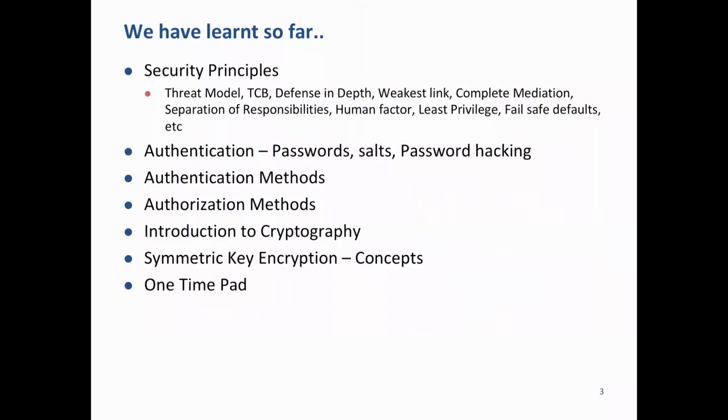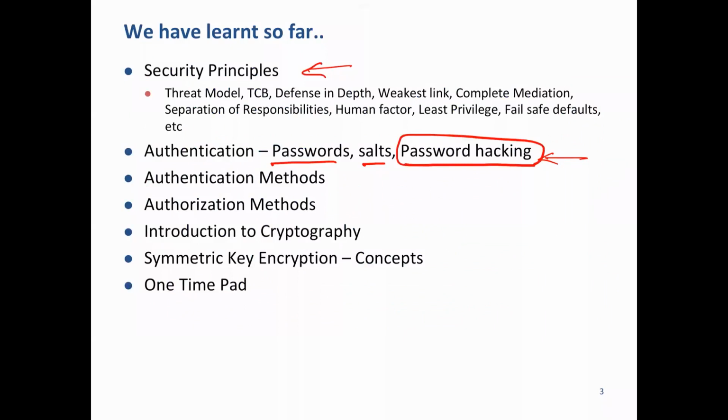Okay, so just to recap what we have covered so far in the course, we have covered security principles. We have looked at authentication methods like passwords, and then how we can crack the password.